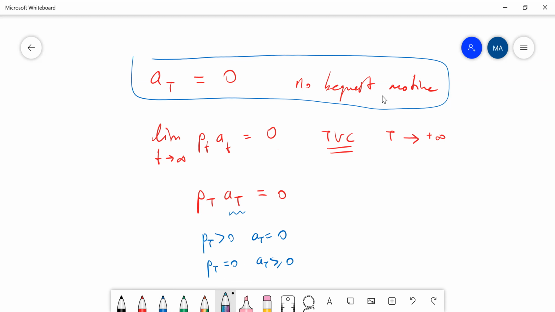So in general, you have something like this, because basically here we take T to be finite.